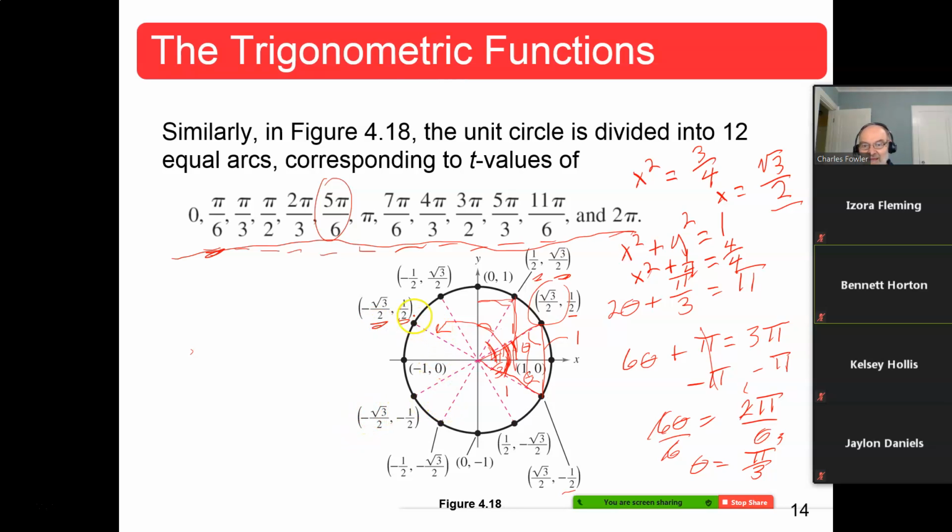The tangent of that is this over that, which would be a negative 1 over root 3, which you could call negative root 3 over 3. The cotangent of that would be the reciprocal of that, negative root 3. The secant, you can go on and name every one of them. The cosecant of this, the reciprocal of this, is 2. We know every trig function, all 6 trig functions for all 12 of those real numbers.